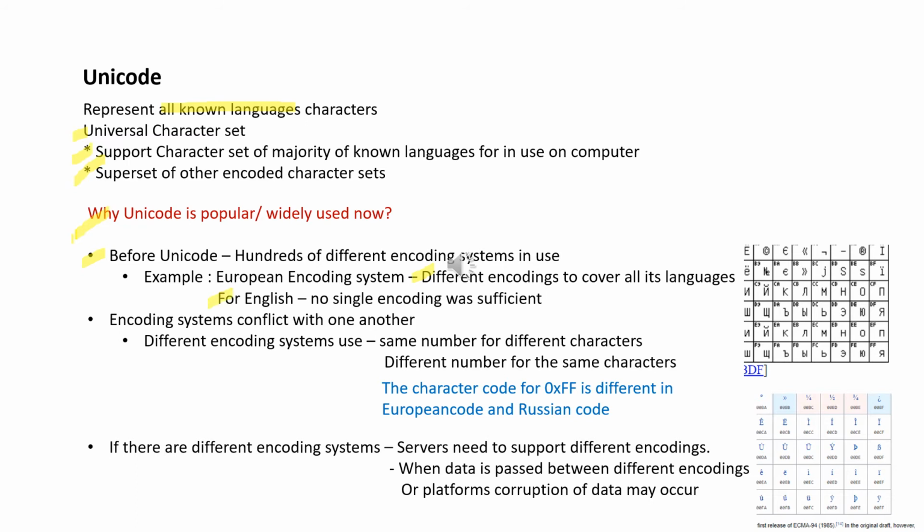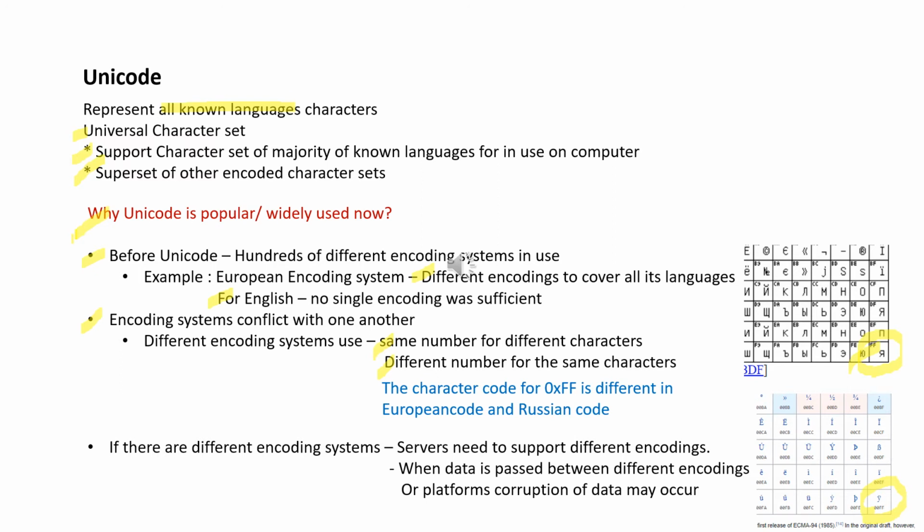The next problem was that the different encoding systems had conflicts with one another. For example, the same number was used for different characters, or different numbers were used for the same characters. For example, if you look at the section of the Russian code and the European code table, we can see that the character at this location is different.